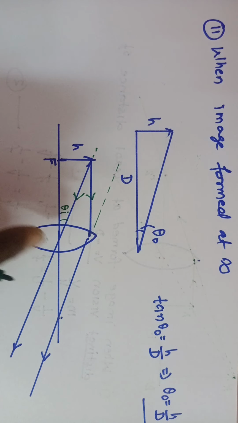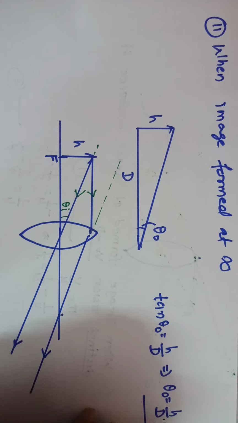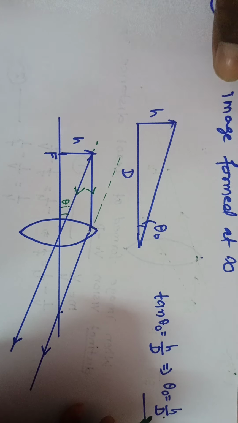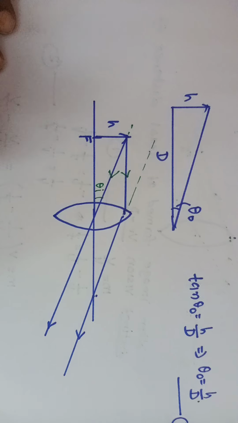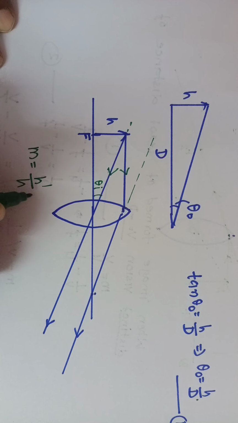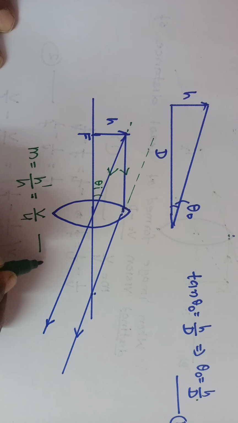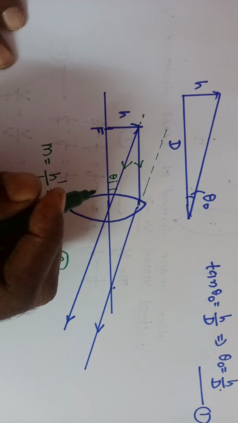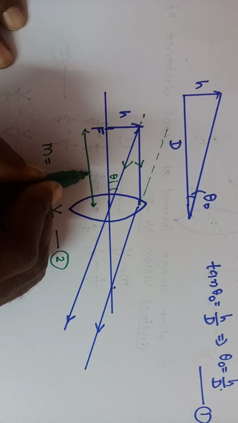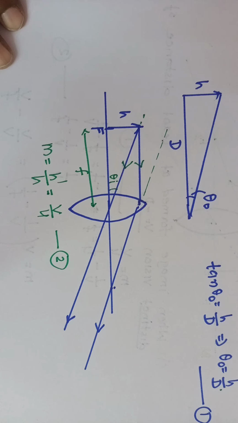Now theta 0 we have calculated. Tan theta 0 is H by D. This we have calculated. Magnification formula is M equal to H dash by H, equal to V by U, equation 2. Now here this is theta I and this is F, and image is formed at infinity.